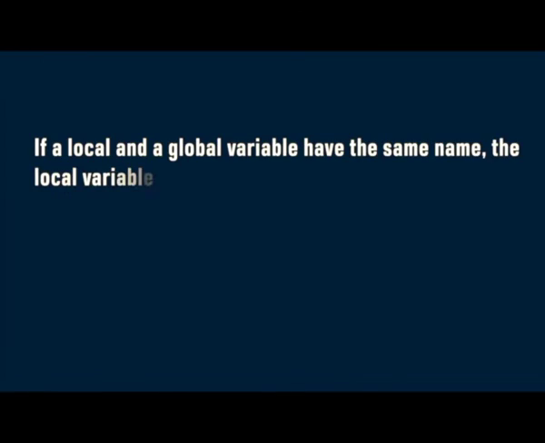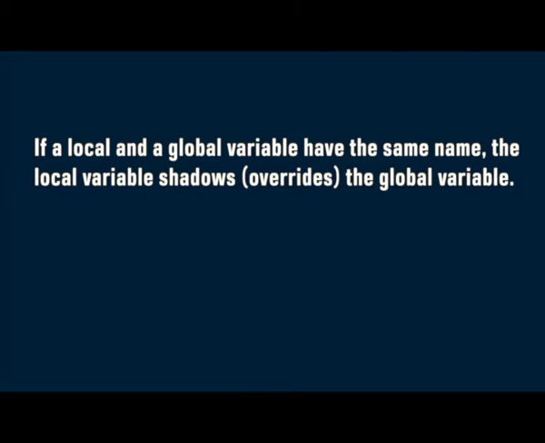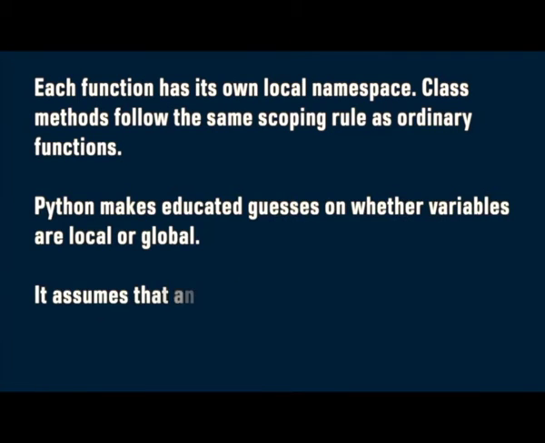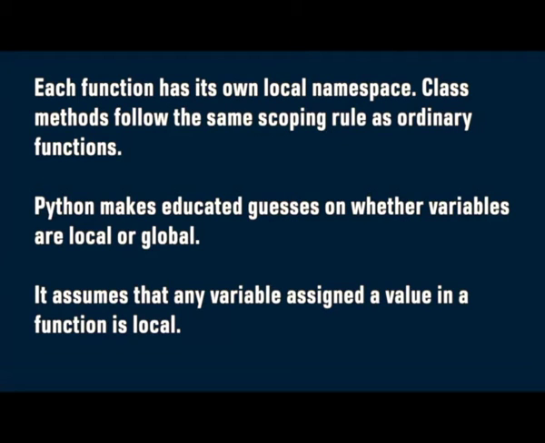If a local and a global variable have the same name, the local variable shadows, that is overrides, the global variable. Each function has its own local namespace. Class methods follow the same scoping rule as ordinary functions.